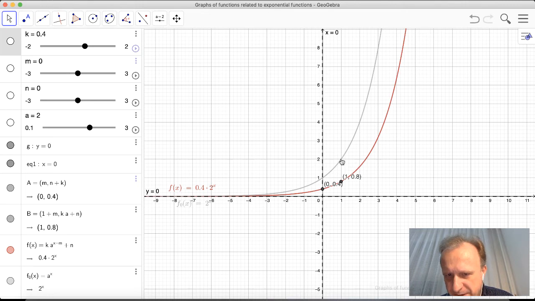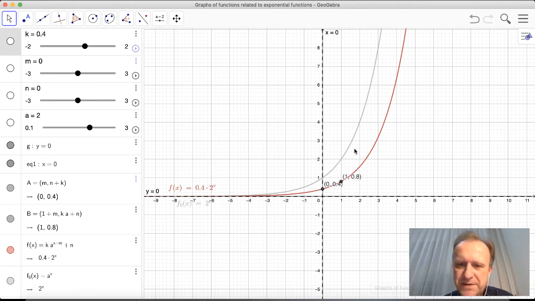This other point here, with original coordinates 1 and 2, has moved to the position with the vertical coordinate 0.8, which is again 40% or 0.4 times as much as it was before. So what happened now is that the graph of the function k times x to the power of 2, k times 2 to the power of x, or k times a to the power of x, this graph is scaled vertically by the scale factor of 0.4.